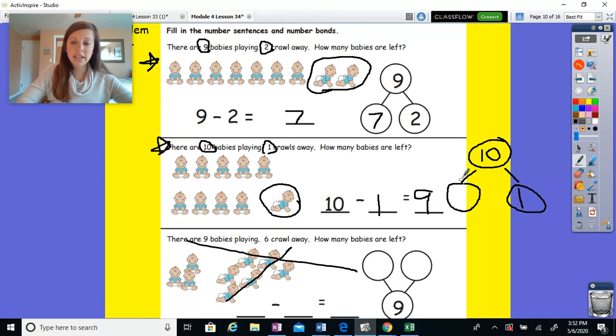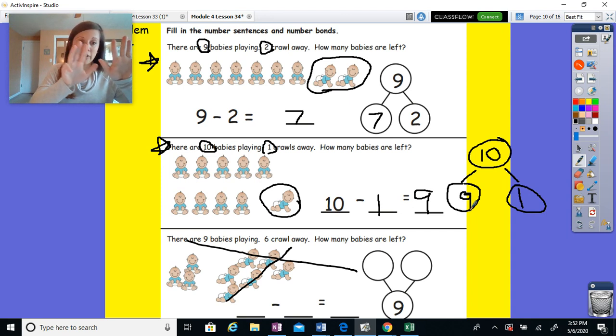So I'm going to write number 9 here and 9 in my part. You could also use your fingers. If I have 10 and I take 1 away, how many are left? 1, 2, 3, 4, 5, 6, 7, 8, 9. Okay? So you can use a picture, you can use your fingers, you can cross out, and you can take parts away.